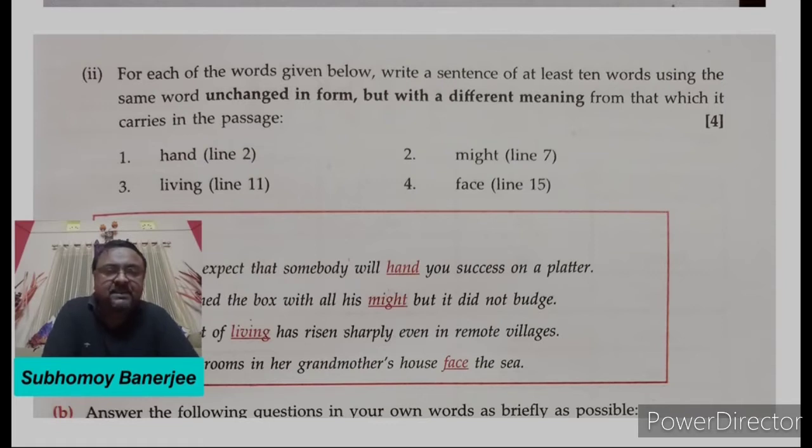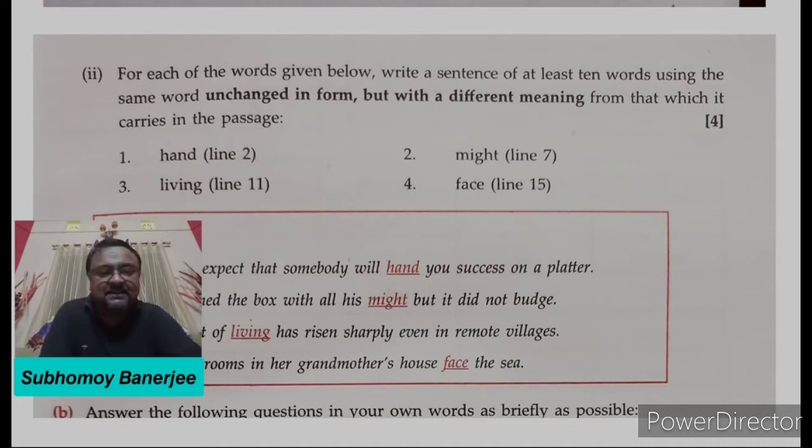No. Instead of face, you cannot make it facing. Instead of might, you cannot make it mighty. It has to remain the same, which means hand will remain as hand, but the meaning, see what is said further, but with a different meaning from that which it carries in the passage.